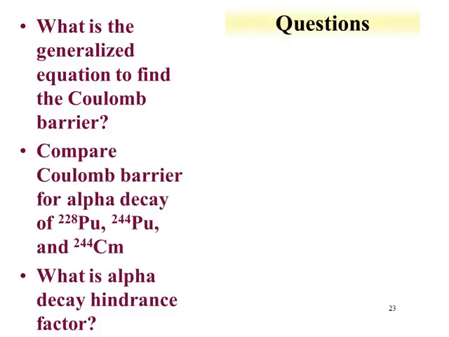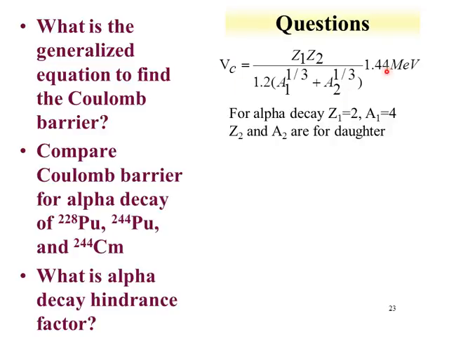Based upon the lecture, one should be able to answer some questions on the Coulomb barrier, such as what is the generalized equation to find the Coulomb barrier? The generalized equation is shown here, where the Z values for nucleus 1 and nucleus 2 are multiplied together and divided by 1.2 times the A to the 1/3 plus A to the 1/3 for nucleus 1 and nucleus 2, and that's multiplied by 1.44 MeV.